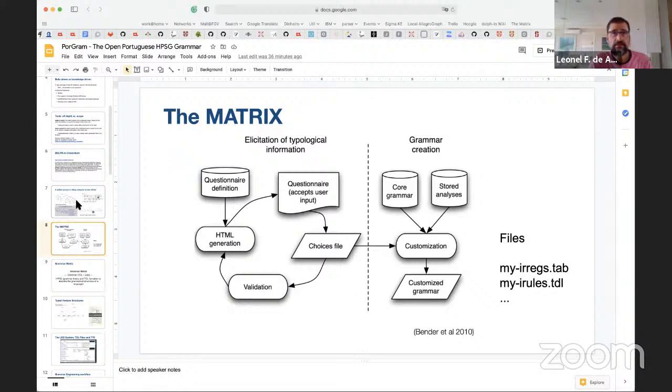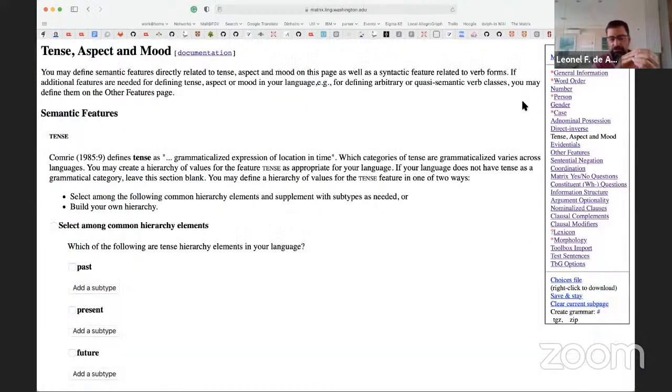And it's amazing because in 6 months you can fill out all the pages of the questionnaire, and you already have a relatively big grammar, which produces very complex representations without any knowledge of the underlying code.